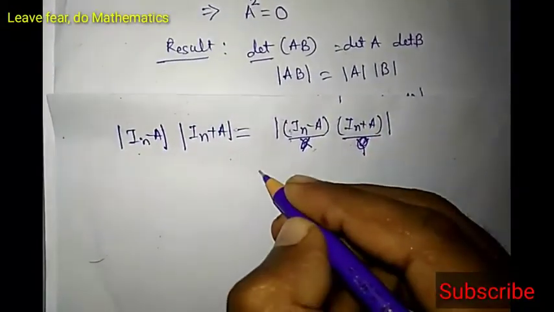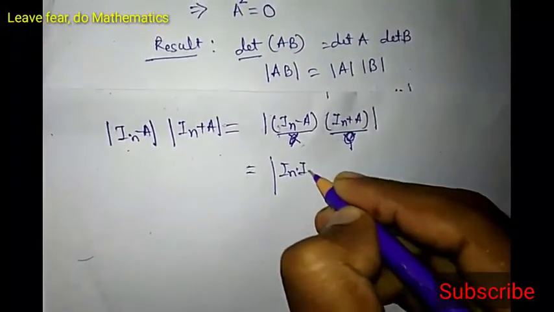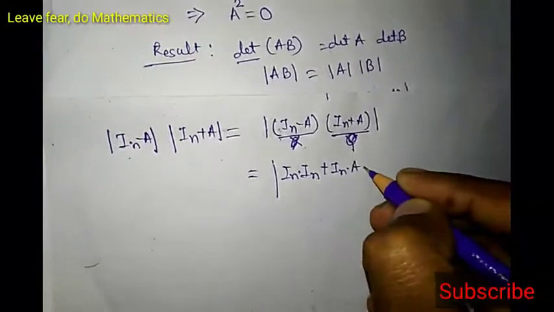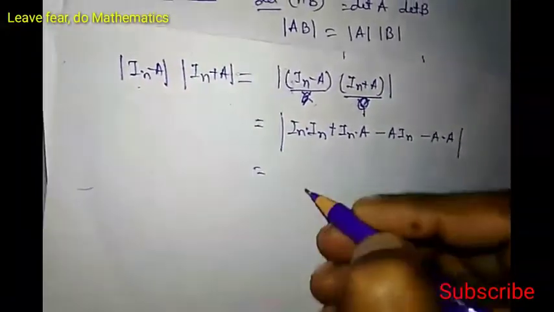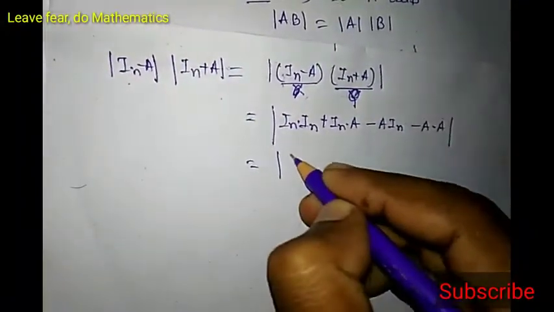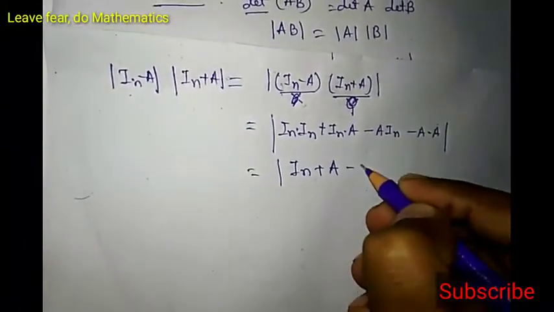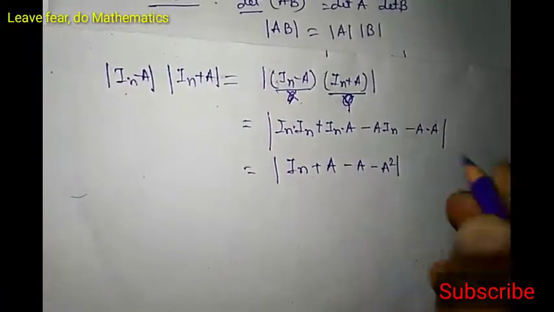Now we will consider this product. This product is In multiplied by In plus In multiplied by A minus A multiplied by In minus A times A, and then the det of this. Now this equals In times In is In, plus In times A is A, minus A times In is minus A, and this is minus A square.